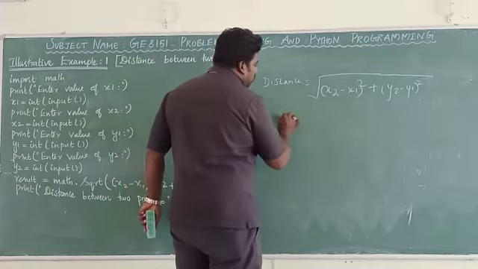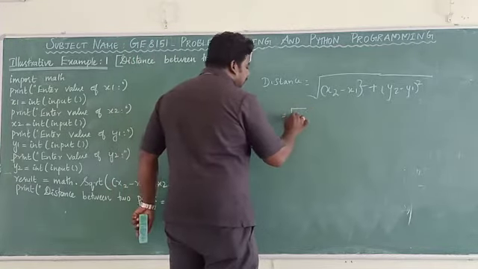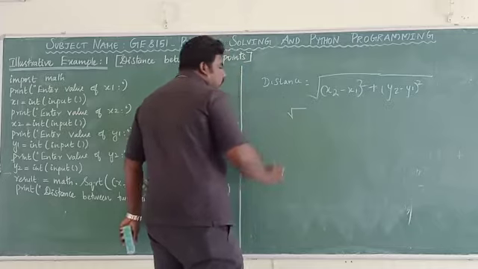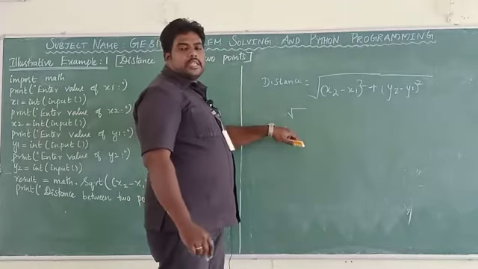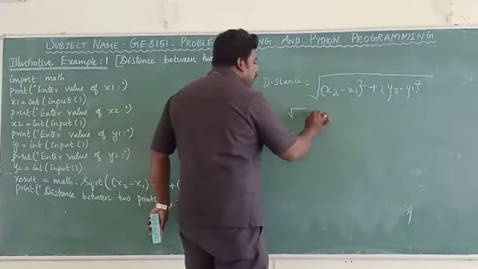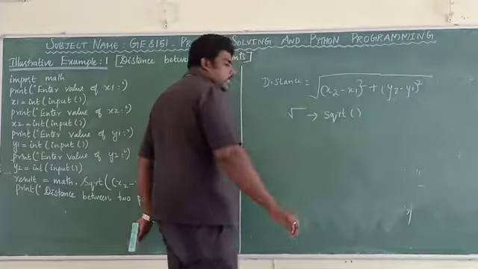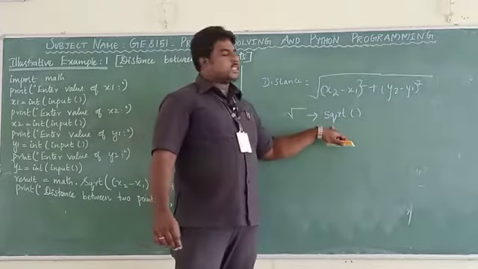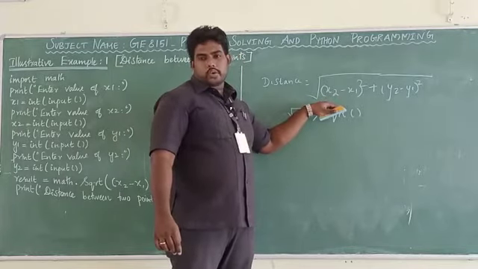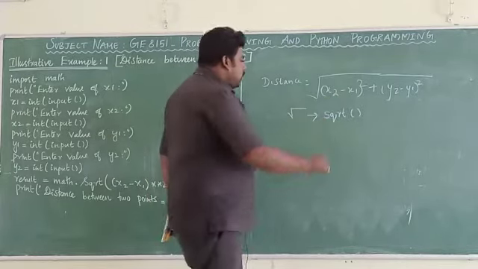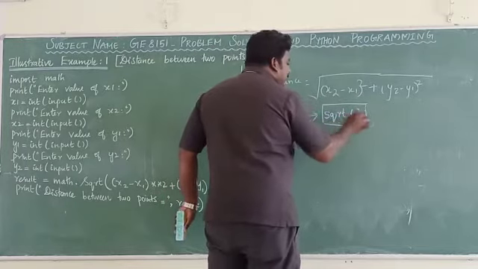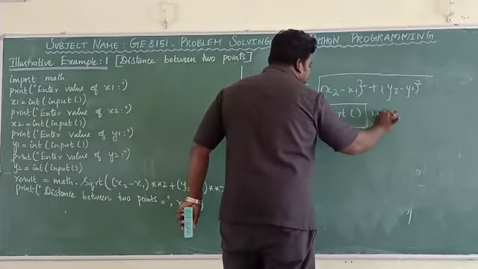How we have to execute this formula in the programming way, I will explain. First, distance equals, here square root is there, right? In programming languages, there is no square root symbol. For that, one function is there, sqrt. Sqrt is the function used to find the square root. This function is present in the package called math.